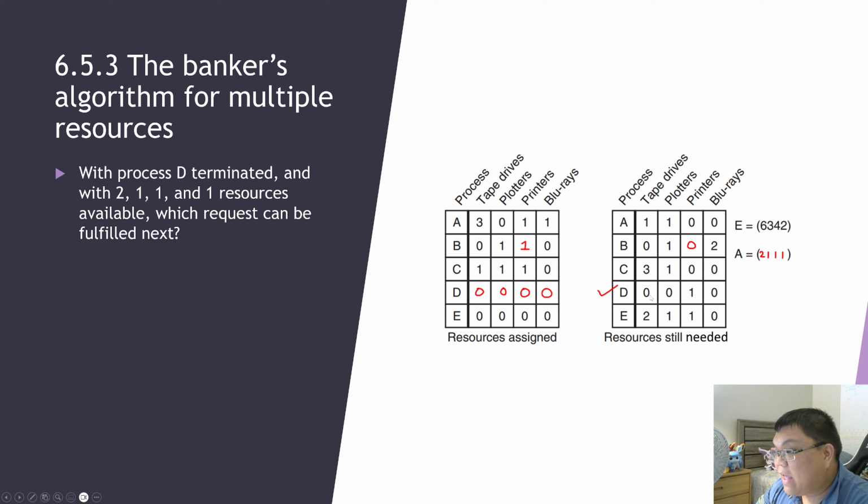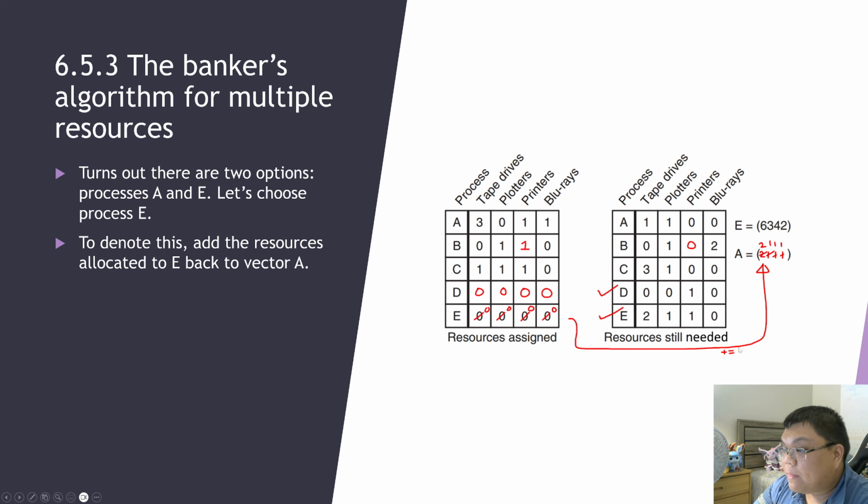Process A and E, their requests can be fulfilled next. Process A only needs 1 tape drive and 1 plotter, but process E needs 2, 1, and 1. Those are less than or equal to 2, 1, 1, 1. So 1, 1, 0, 0 and 2, 1, 1, 1 are both less than or equal to A. That means we can either fulfill process A or process E's request.